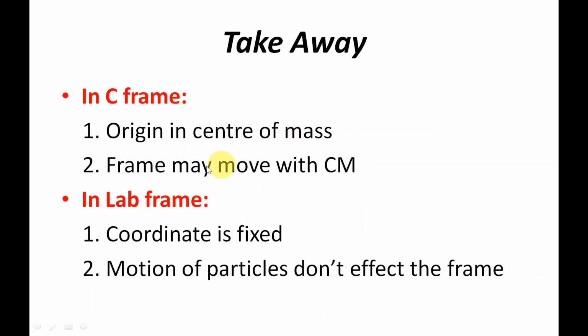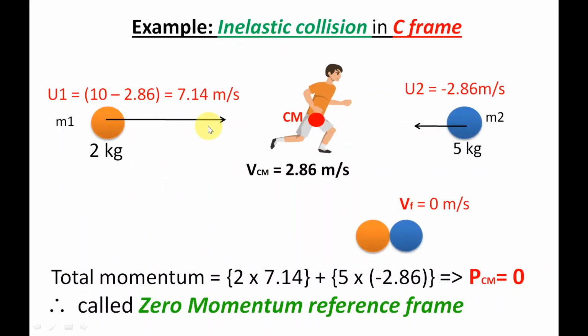Here the origin of the center of mass frame is the center of mass. Wherever the center of mass is, the origin of the center of mass frame will also be in that position. So if the center of mass shifts to some other place, the origin of the center of mass frame will also move with the center of mass.